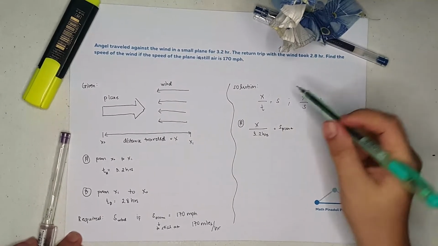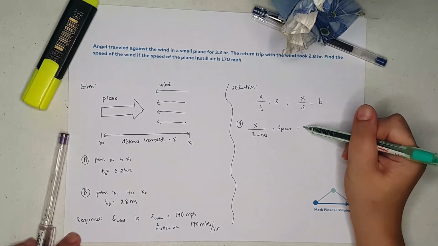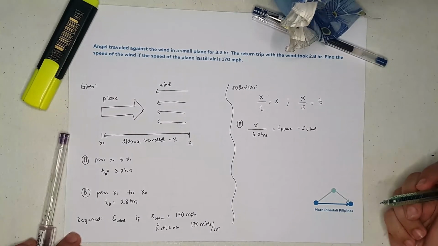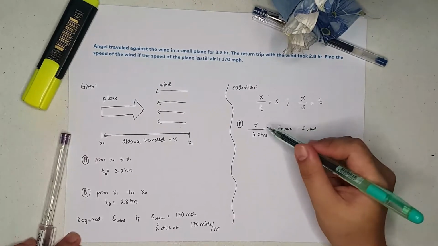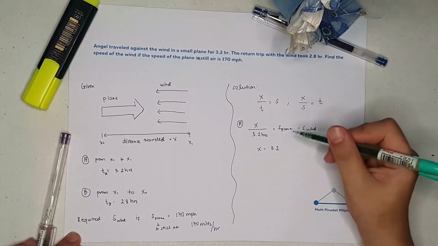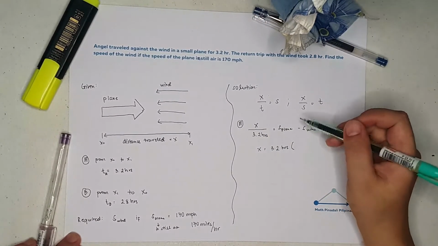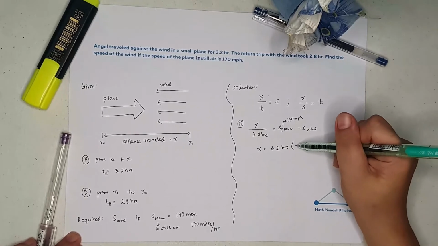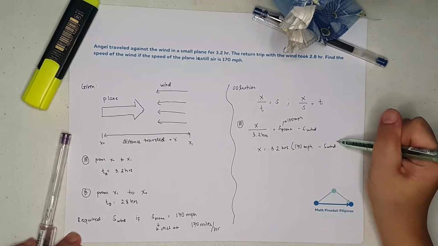If your positive direction is this way and you're going against the wind, you subtract the speed of the wind. You're fighting the wind, so it slows you down in total. Okay? Let's leave the x here. So 3.2 hours, cross-multiply, multiplied by the speed of the plane, which is 170 mph, minus the speed of the wind.